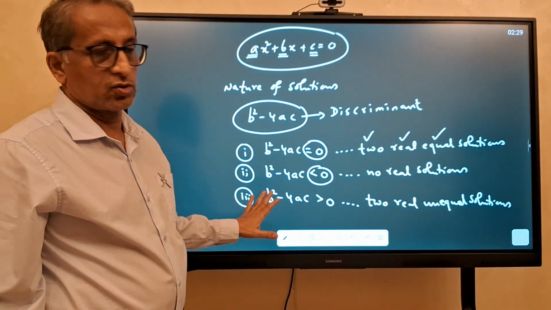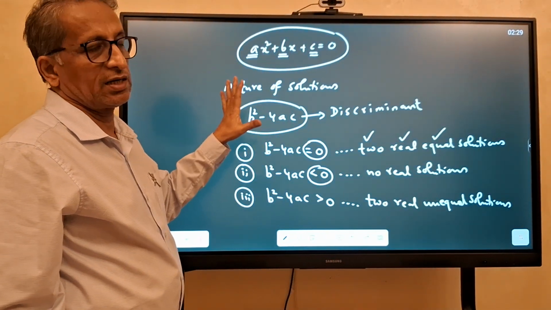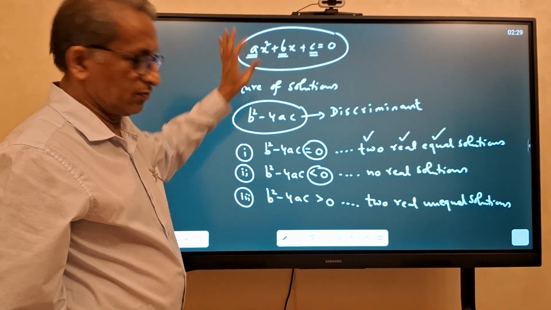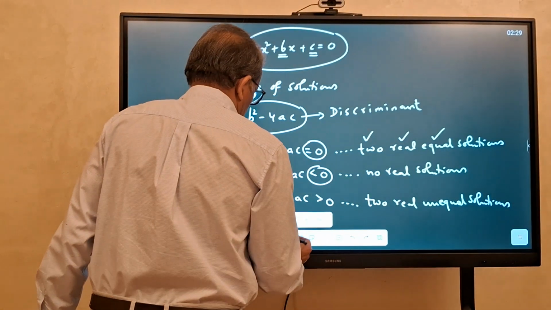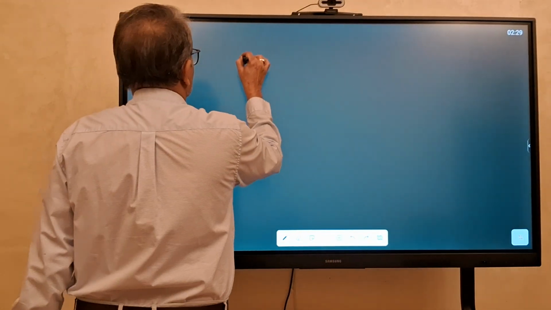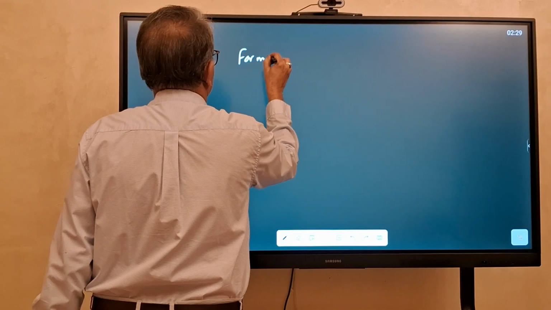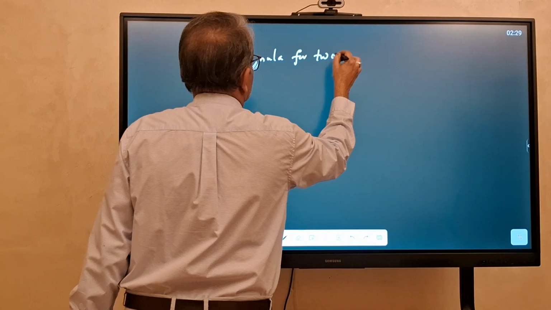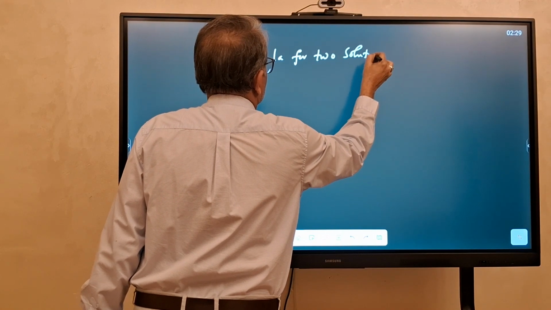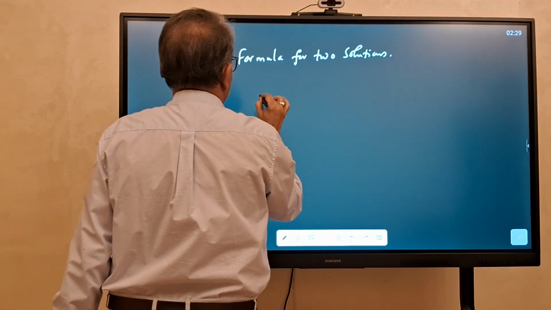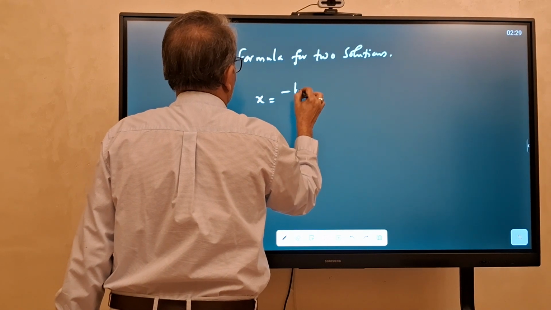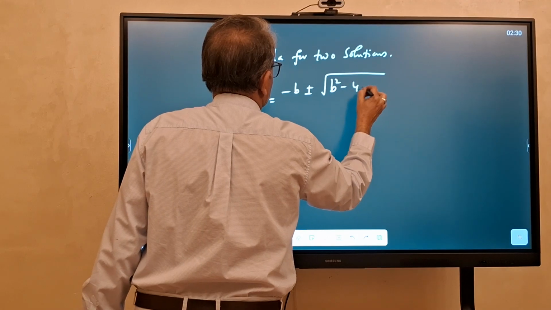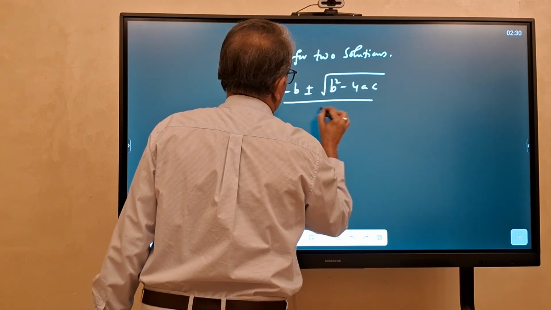So this is very crucial to know exactly how the solution exists for quadratic equations. And also the formula to find the two solutions is this: x equal to minus b plus or minus root of b square minus 4ac, all divided by 2a.